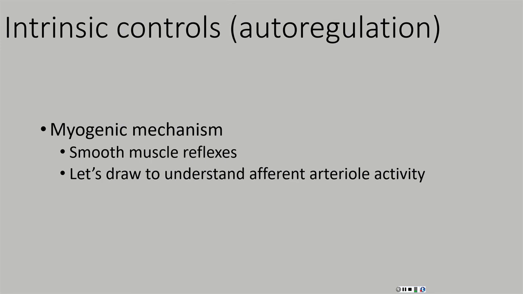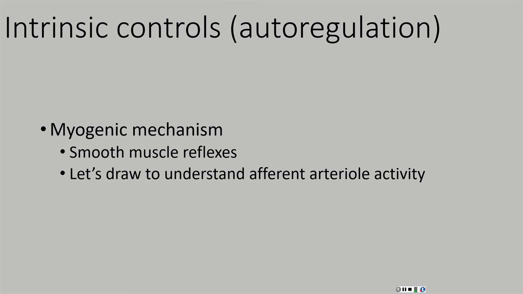So how do we make sure that that NFP remains relatively constant? There's a few different ways. First, the kidneys can actually control that hydrostatic pressure on their own. It's something built into the kidneys. This is called intrinsic controls, or autoregulation. How do the kidneys control their own net filtration pressure?